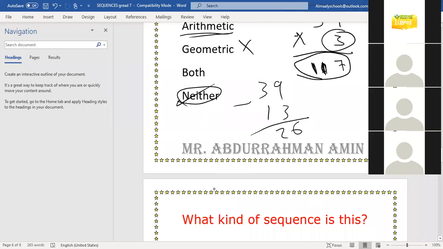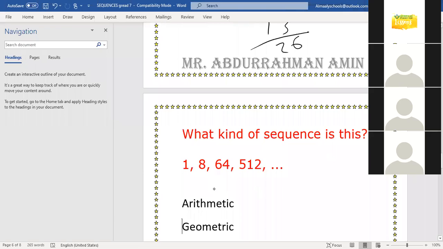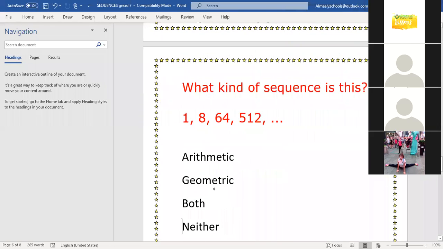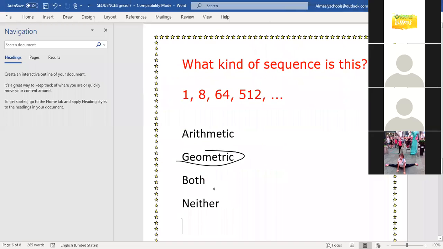Excellent. So now, what kind of sequence is this? 1, 8, 64, 512. Geometric. Yes, excellent. Can you explain? 1 multiply 8 equals 8. The constant ratio is what? 8.